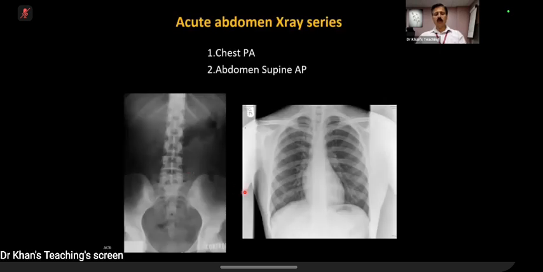Please also remember that now is the world of CT scanning, so our threshold to do CT scans is extremely low. Previously, multiple films were taken. Having said that, examiners can still grill you on those films. The scenario they will give you is, for example, you will say, I will do a CT scan.